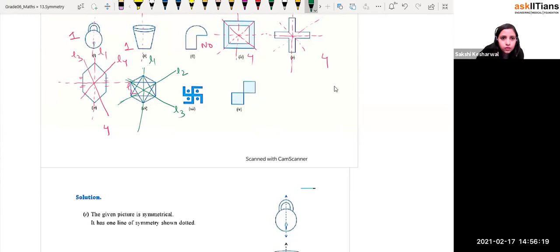Wait a minute, let me just see the figure. Wait a minute, the visibility is really very much impossible for me. It's really, really difficult. Okay, this was L3, right? Just see, this is one.